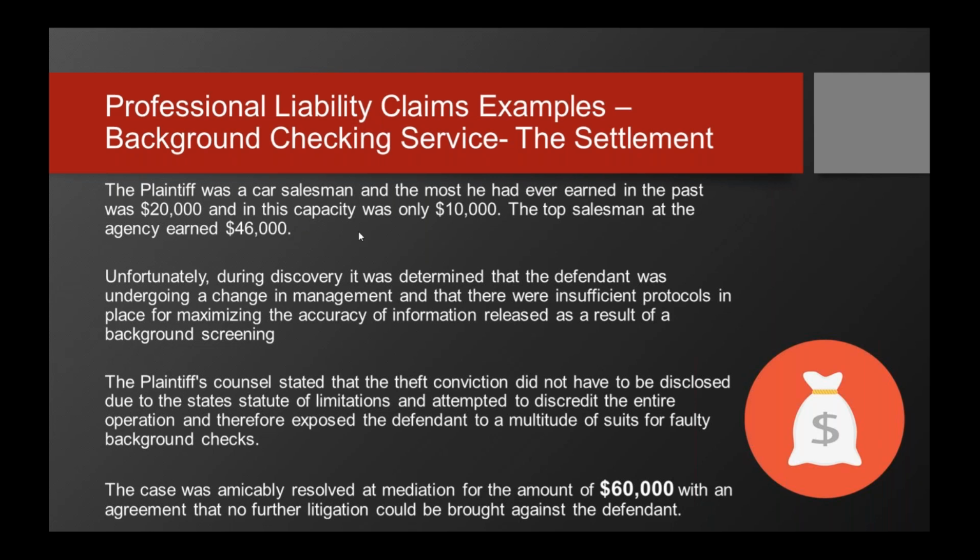It turns out that although the actual conviction that they reported was incorrect, there were a ton of actual convictions that they should have found, that they didn't find on this guy's record, but that wasn't the issue. The issue was that they found one that really wasn't attributed to him, and in turn, they were sued. At the end of the day, it was a $60,000 settlement. So this person made more money than they ever would have made as a car salesman. And quite honestly, if they were honest on their application, they probably wouldn't have gotten hired. And if they ran the correct background check, they wouldn't have gotten hired. But since they made a mistake, they wound up making $60,000 out of the deal.